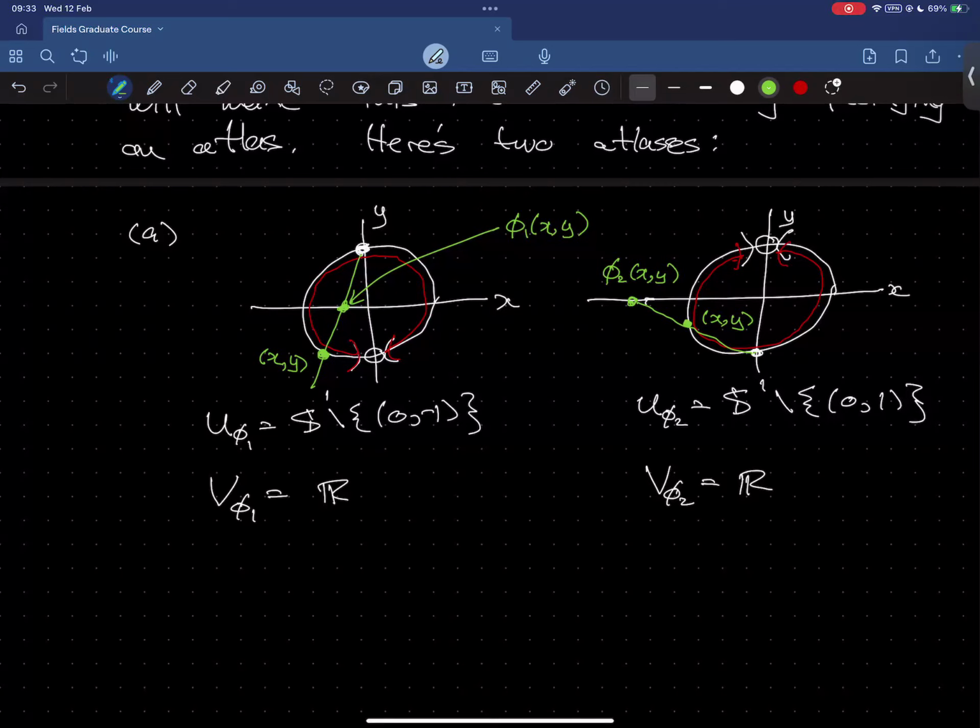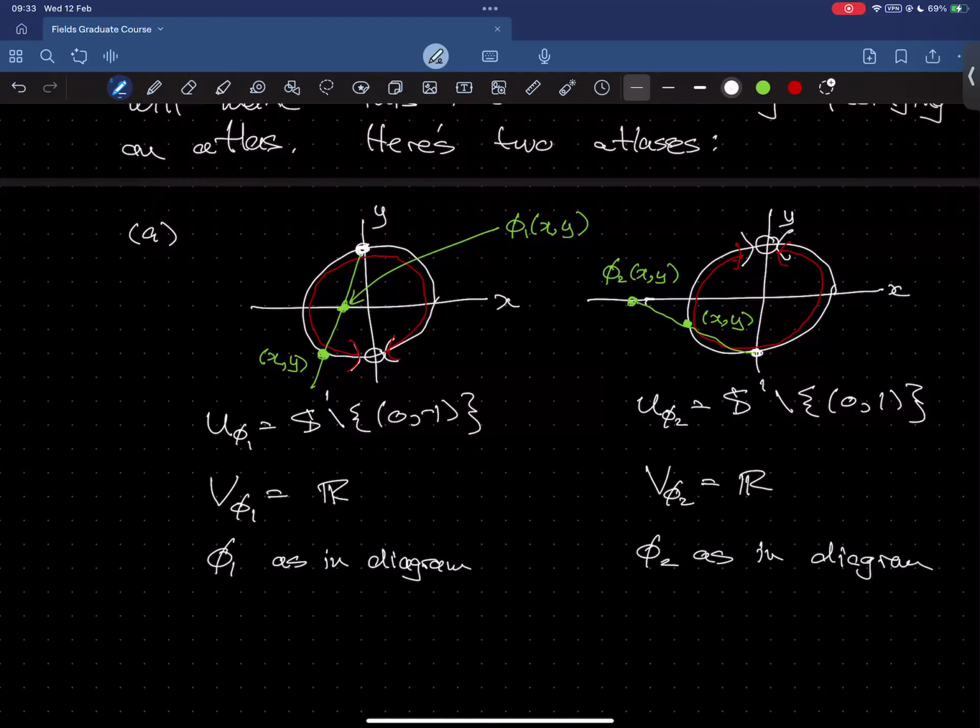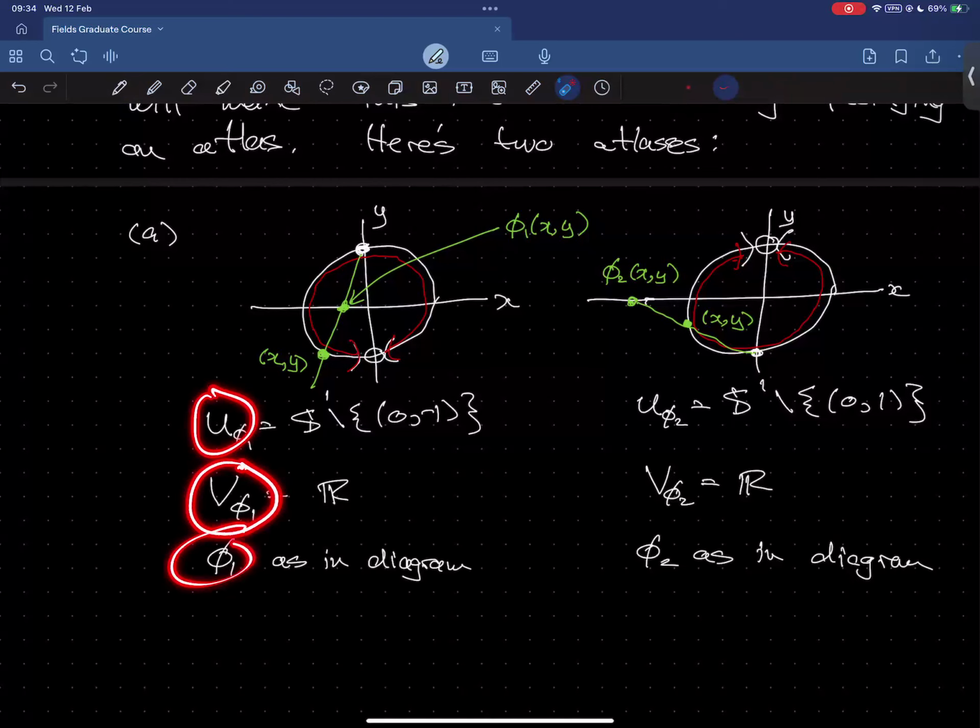Now, those are my two charts, so I have all the data I need to define two charts. I have a chart domain, a locally convex space, and a map.